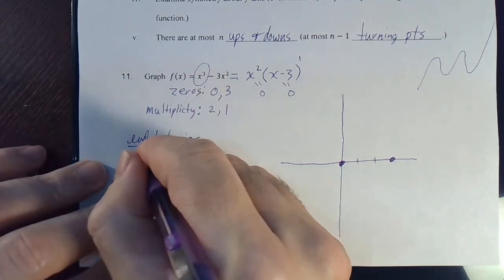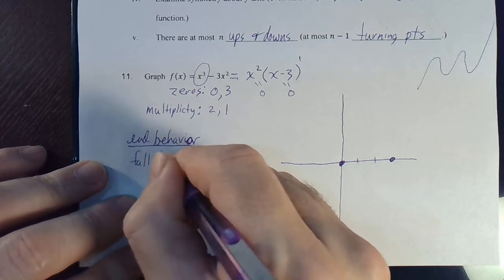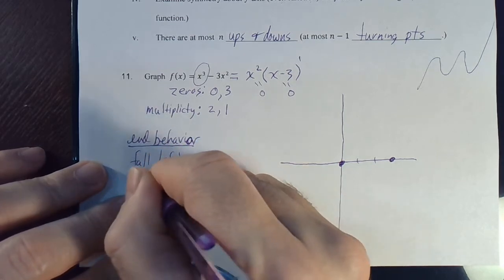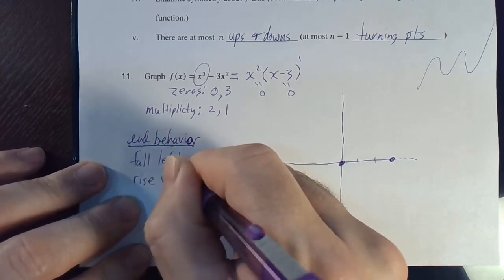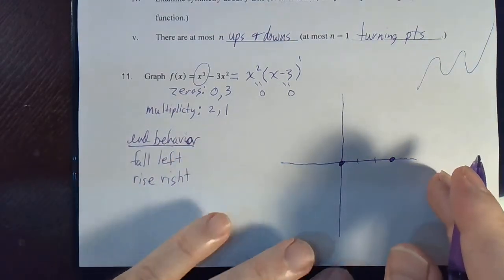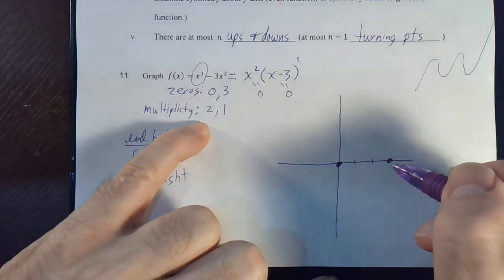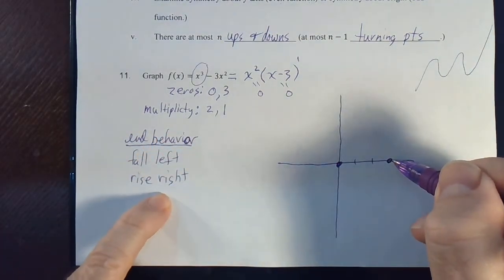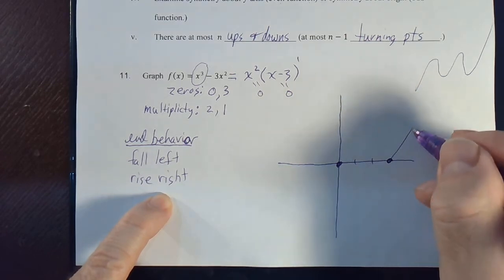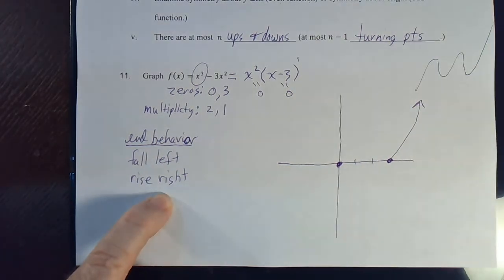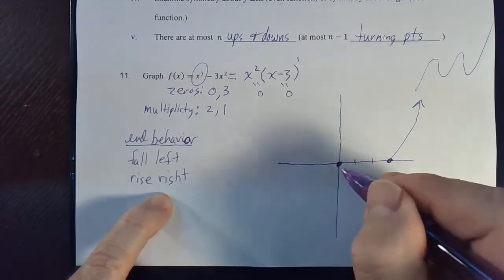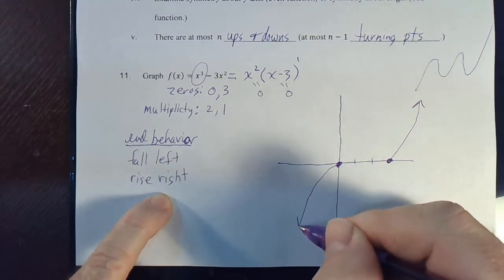That means it's going to fall left, rise right. So the rise right part means that it looks like that. The falls left part means it's going to look like that.